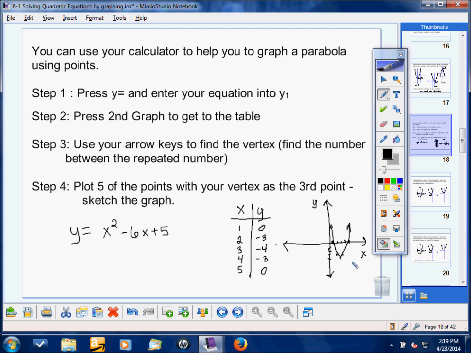This is a method that you can use, but it's not going to end up being the most efficient. But it goes along with our initial introduction saying that it's a list of ordered pairs. One thing that you guys have to understand is that this is not just some random shape, it shows all the solutions to this equation.